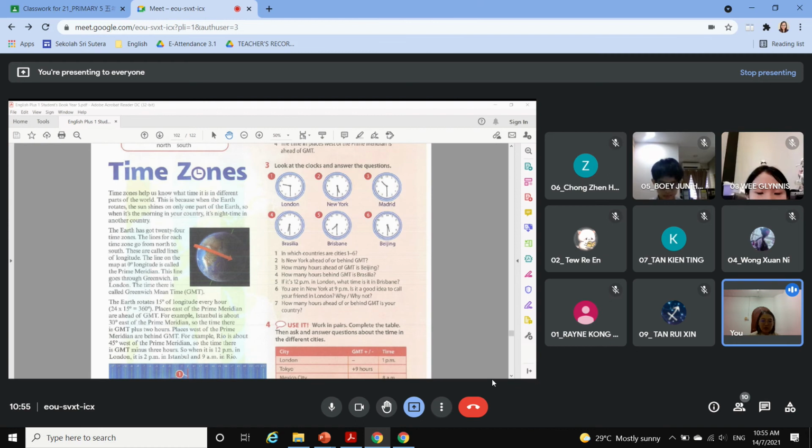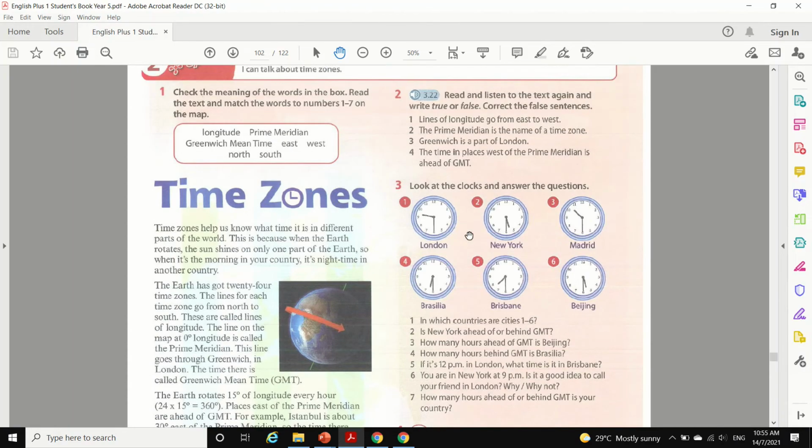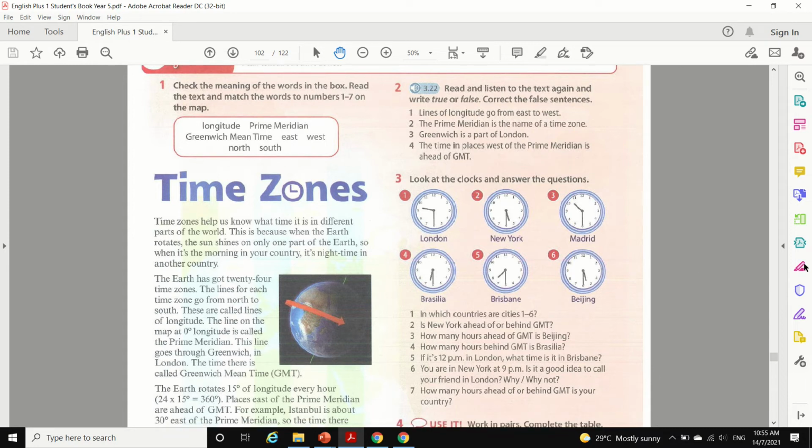Okay, so we look at the question. Number 1. Lines of longitude go from east to west. Correct or wrong? Yeah, false.